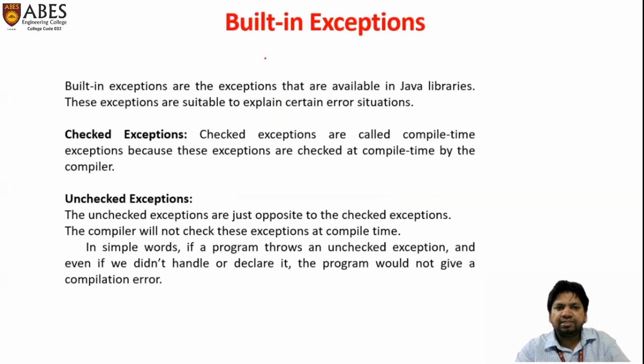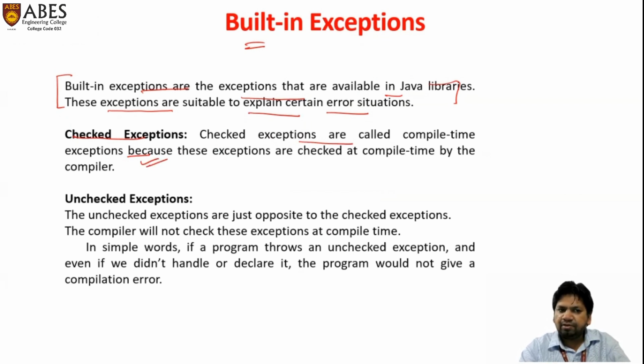Built-in exceptions are the exceptions that are available in Java libraries, and these exceptions are suitable to explain certain error situations. Checked exceptions are called compile-time exceptions because these exceptions are checked at compile time by the compiler.